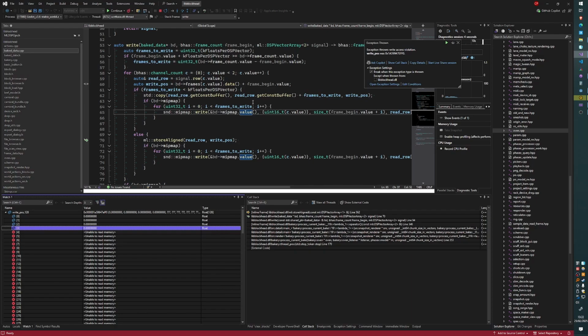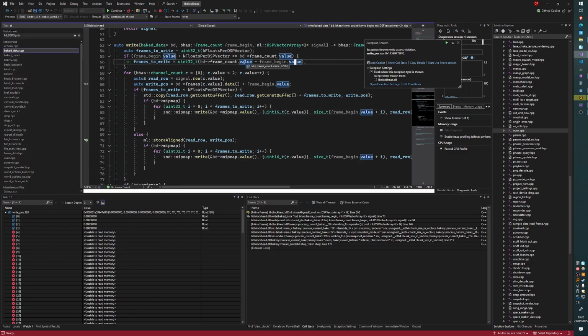I don't really understand how this is possible. Frames to write. Oh, hold on. It's an underflow, is it?